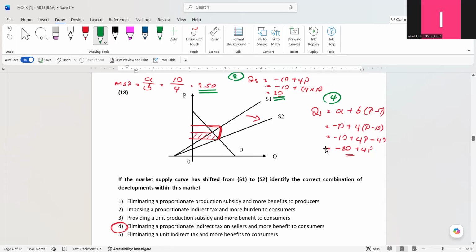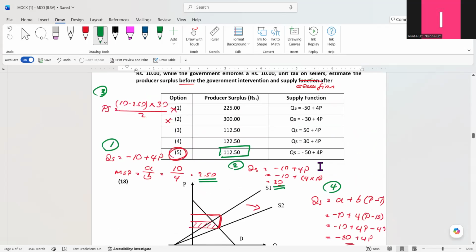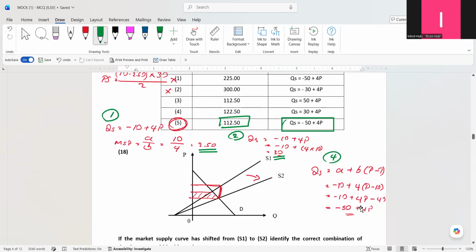So the tax adjusted equation is QS equals A plus P minus T. So minus 10 plus 4 times (P minus the tax of 10 rupees). So basically I've ended up with minus 50 plus 4P. That's the answer here. So that's QS equals minus 50 plus 4P, and 112 rupees and 50 cents. Answer number 5.